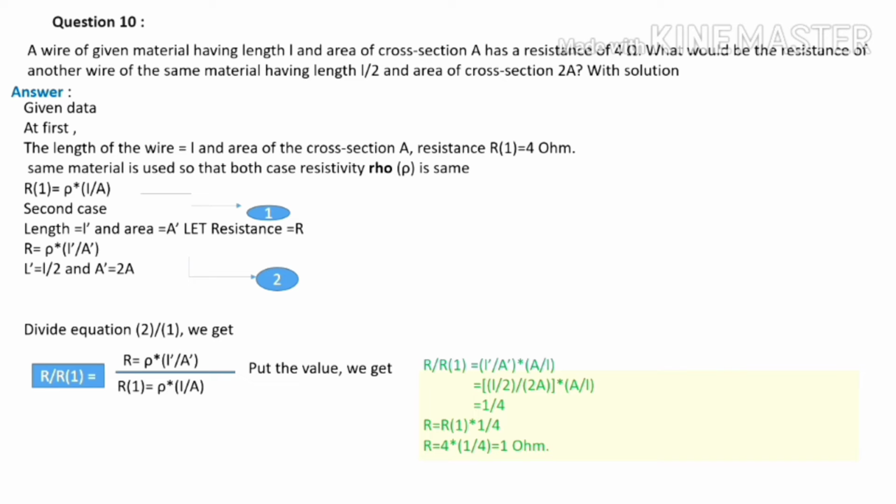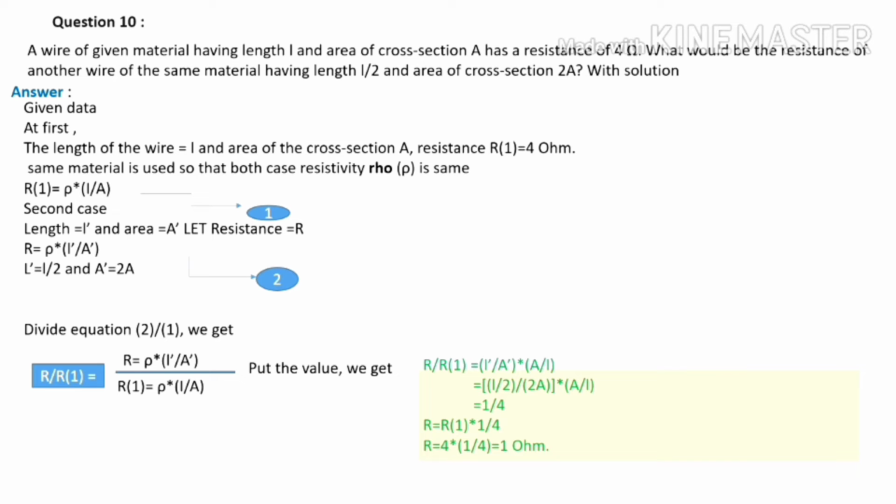What will be the resistance of another wire of the same material? Remember this, given material and same material, these two metals are the same, so as I have already told you, the resistivity only depends upon the material. So here the material is same, so rho is same in both cases.